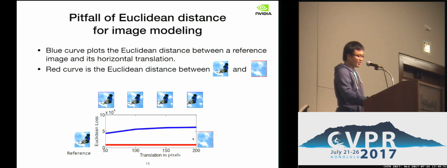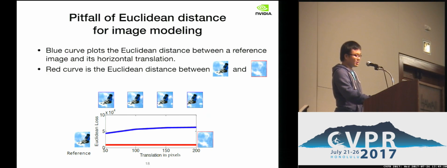The red curve is the Euclidean distance between these two image patches: a jumping snowboarder, and a blue sky. The blue curve gives the Euclidean distance between the reference image and the translated version of this reference image.